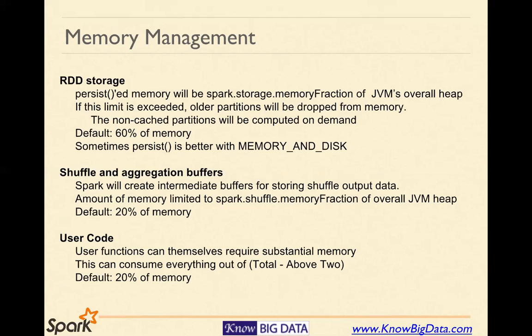On every machine there is an executor running inside the container. We allocate some memory to this executor, and it should not be more than what has been specified in the containers. Out of this executor's memory, 20% goes to code, 20% for the temporary buffers while sorting and shuffling, and the rest 60% goes to RDD operations.